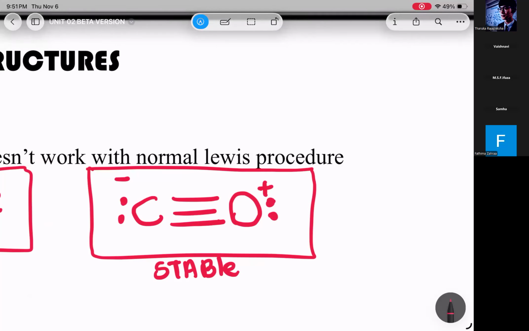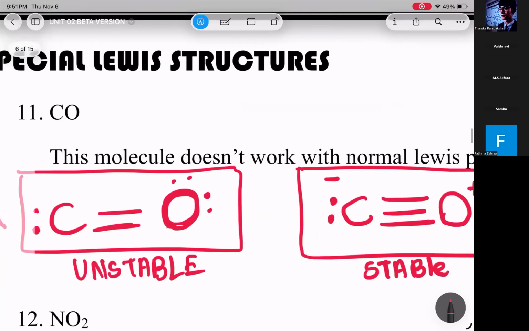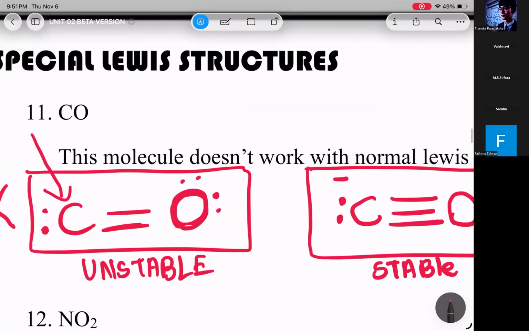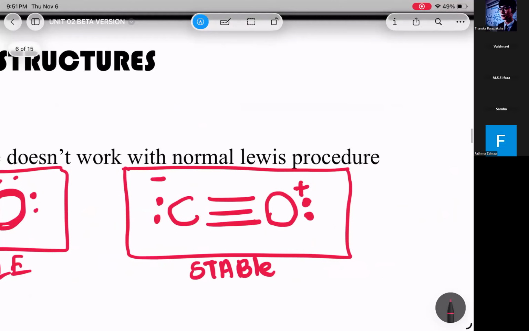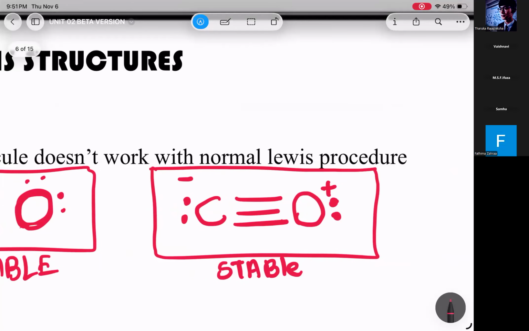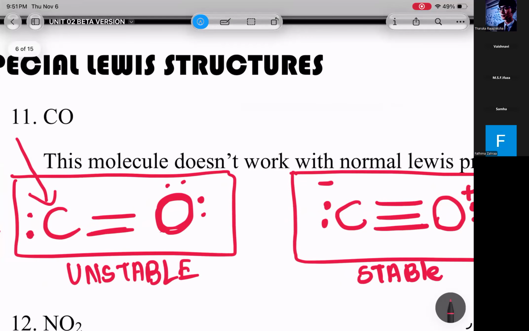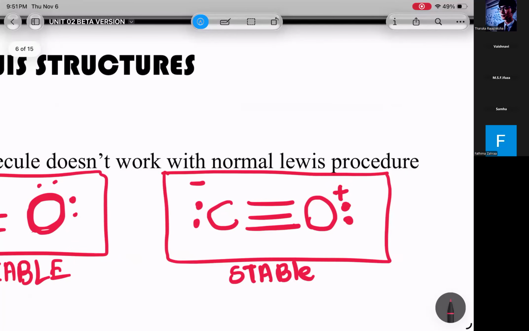But rather than having this carbon's octet incomplete, you can count and see, there are only 6 electrons. Rather than having an incomplete octet for carbon, having a positive charge on oxygen is fine.